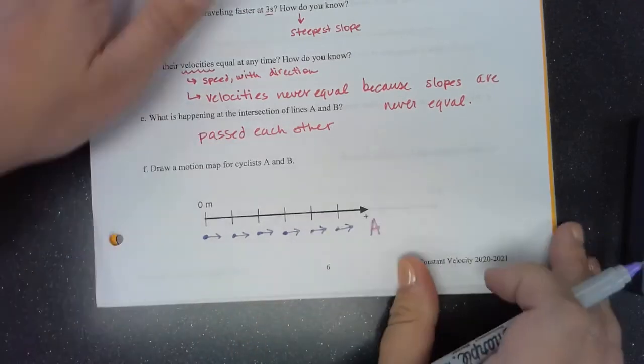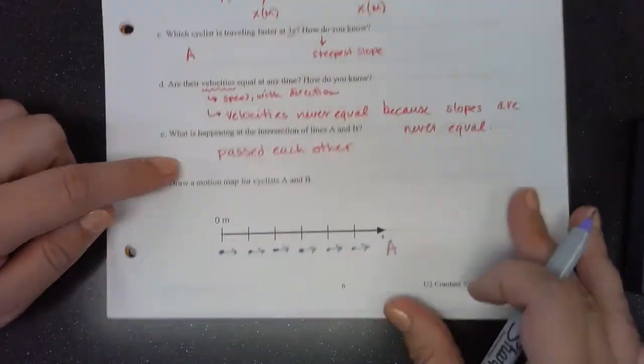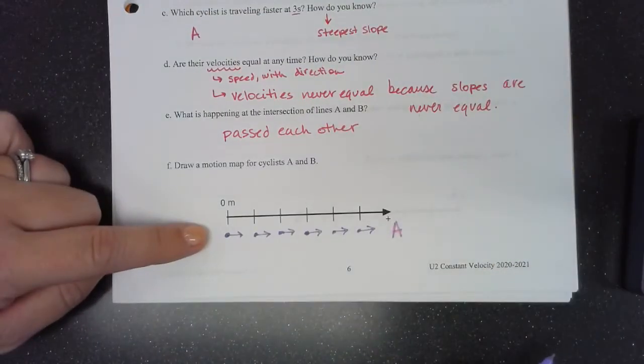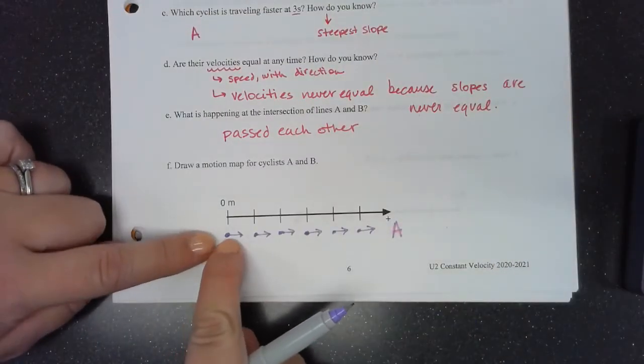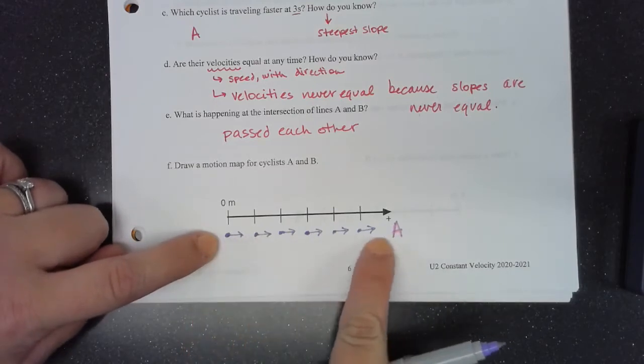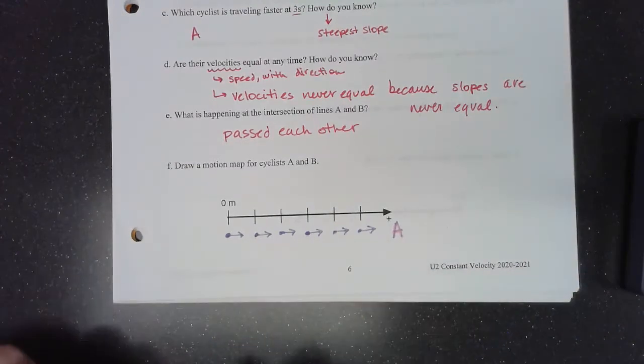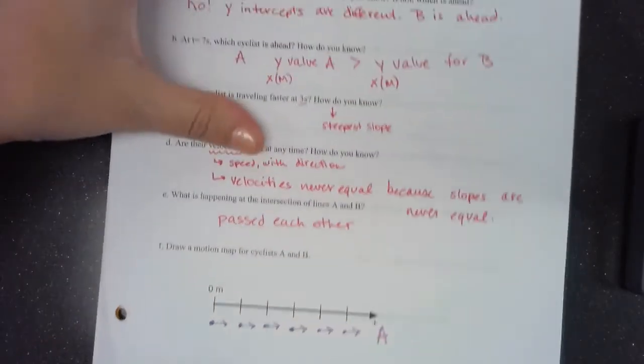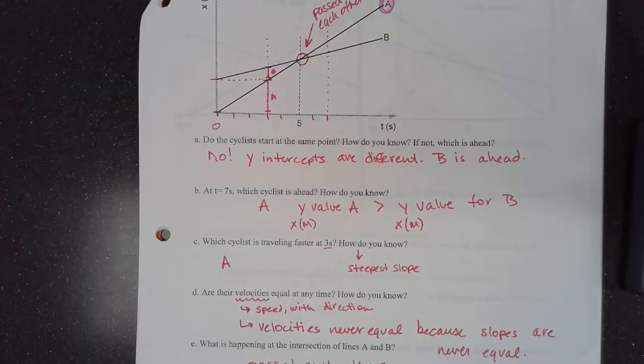And there's nothing in this data that says that this is wrong, right? All I needed to do was start at 0 meters, and then travel for at least 5 seconds. What's going to happen at 5 seconds? We already said it, right? It's going to run into each other.